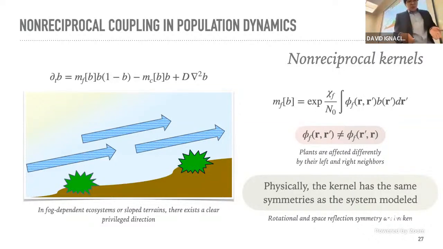So, for example, in a fog-dependent ecosystem, or when there is a slope, we have two symmetries that are broken. First, the rotational symmetry, and also the space reflection symmetry in the direction of the slope or the fog. And this property will render the kernels non-reciprocal. So if you interchange the two positions of the plants, they have a different value.